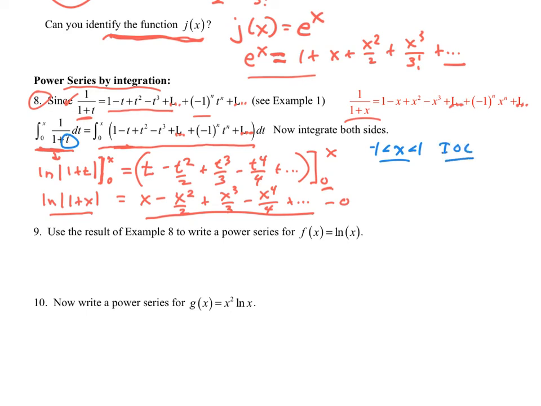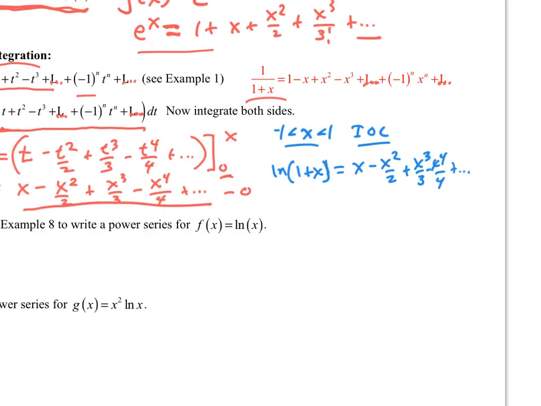And since that is true, what do I need to do with these absolute value symbols? Well, I don't need them anymore. So ln of 1 plus x is equal to x minus, just all that whole thing, okay? So you can remove the absolute values in that case. Not always, but just check it. Check that interval of convergence.